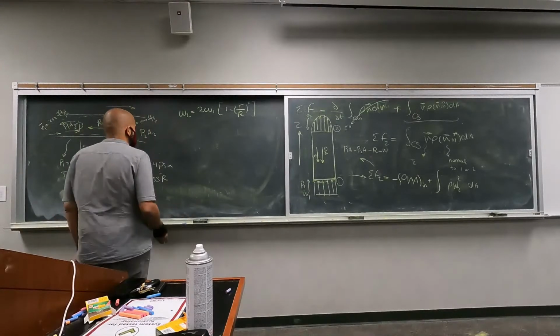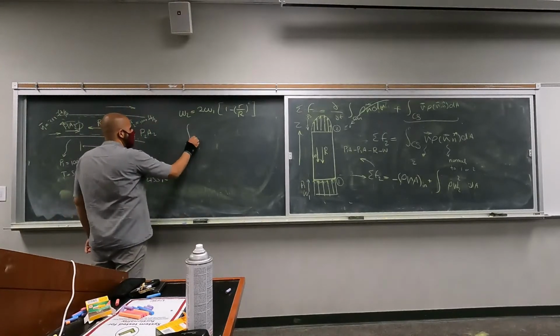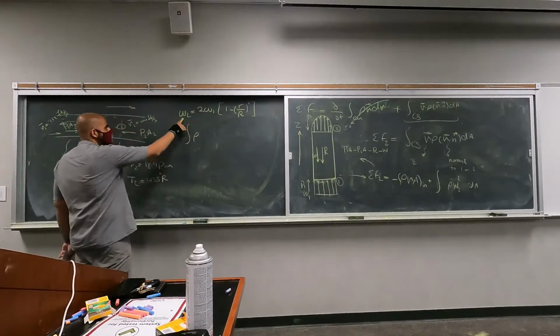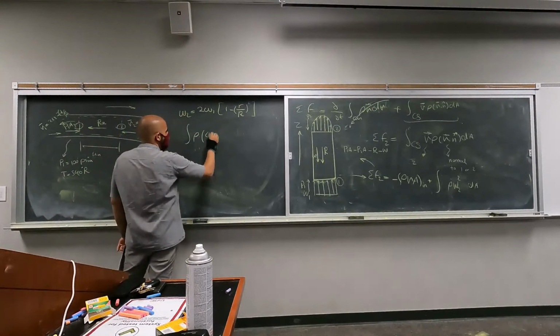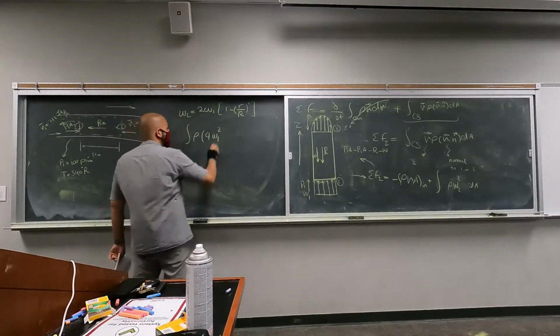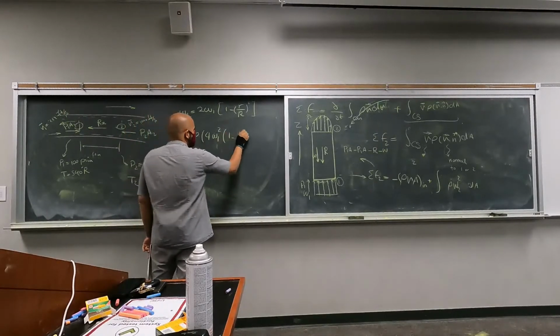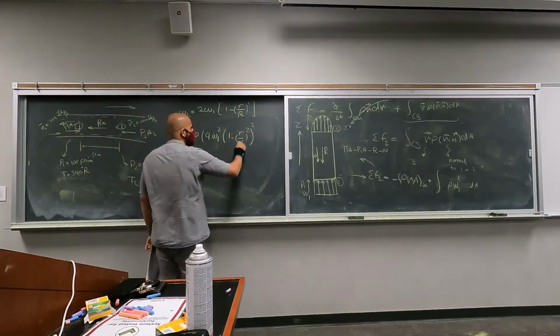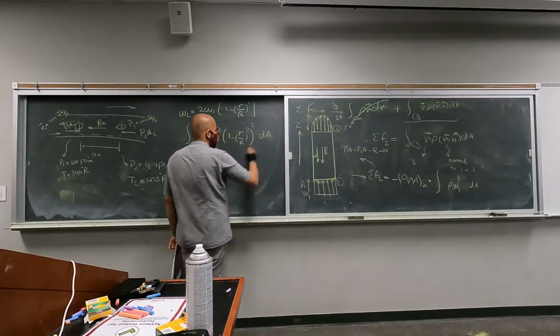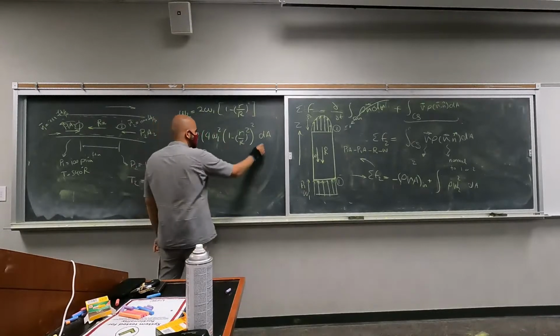So we have to take the integral of rho W2 squared, which means we are going to deal with 4 W1 squared times (1 minus r squared over R squared) squared dA. What was dA?